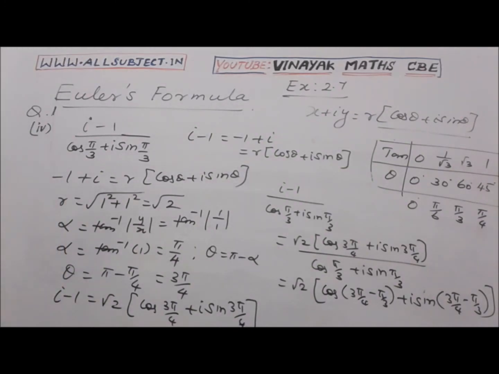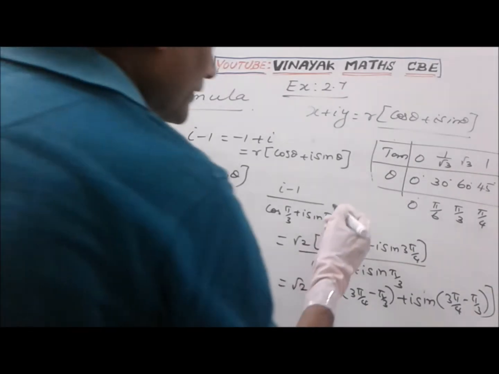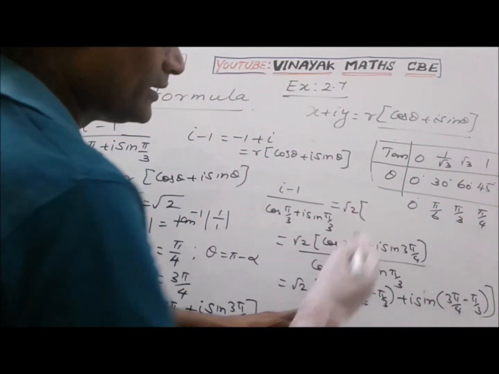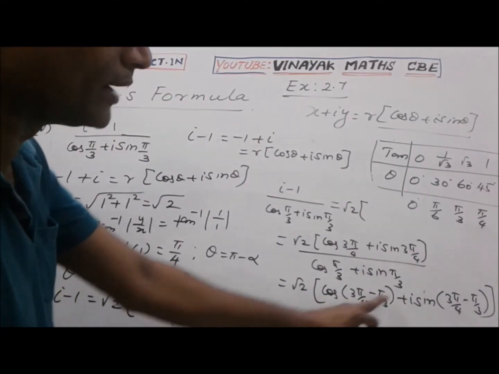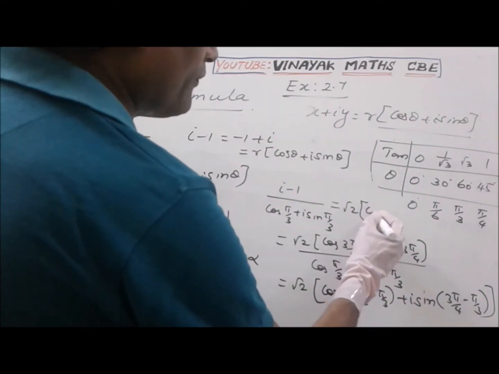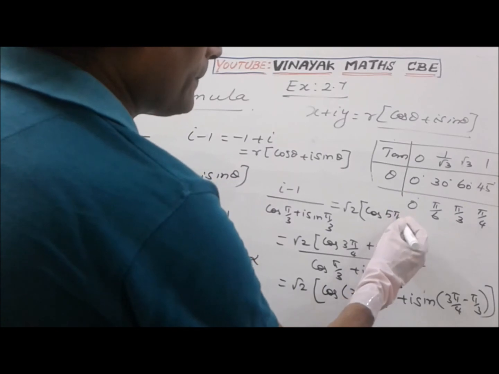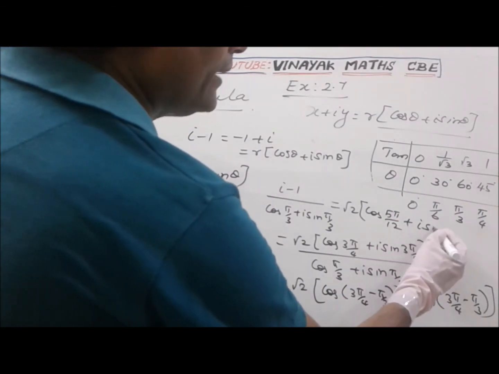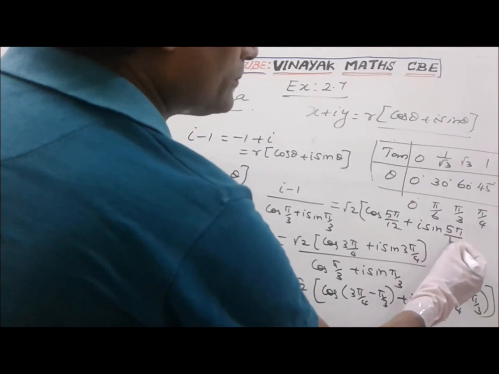So the answer is root 2 into cos 5 pi by 12 plus i sin 5 pi by 12.